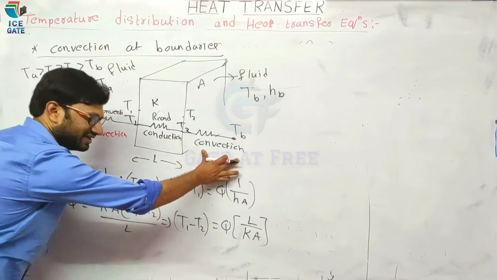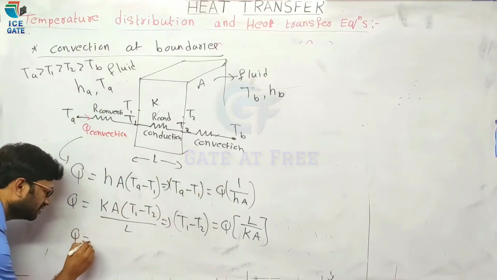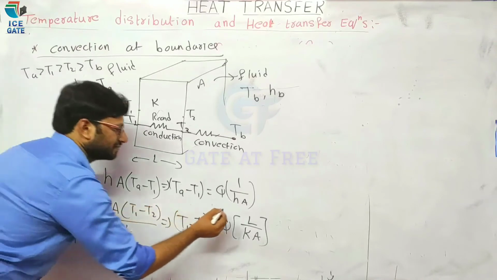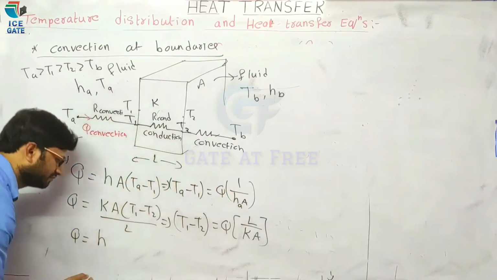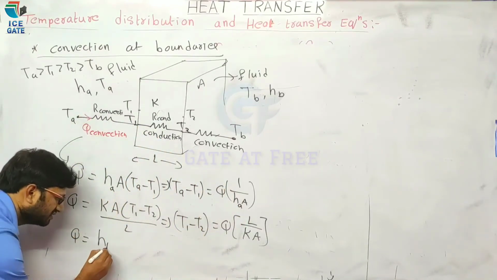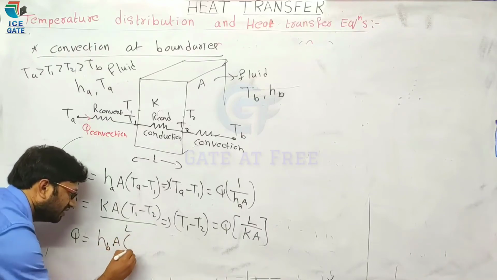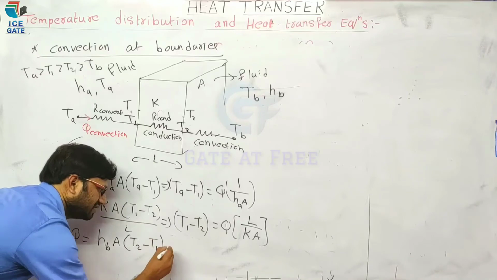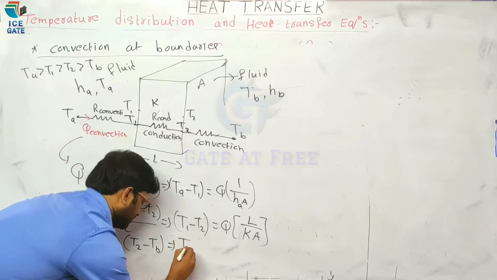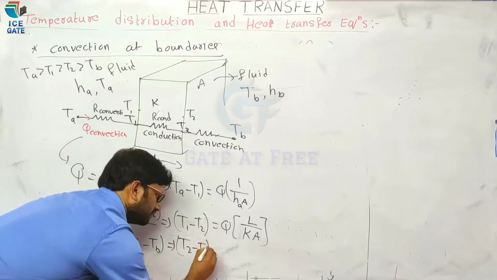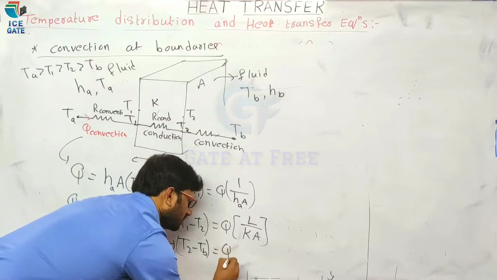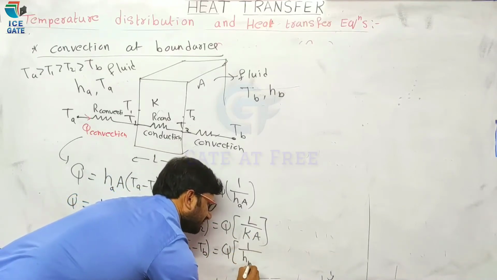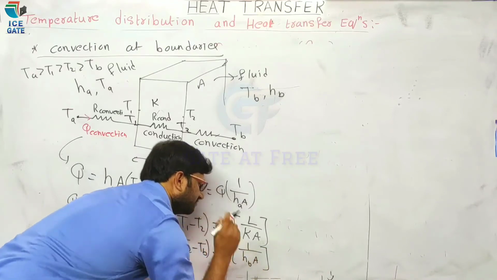And the convection equation, Q is equal to HB into area into (T2 minus TB). This can be written as T2 minus TB is equal to Q into 1 divided by HB into area of the plane slab.